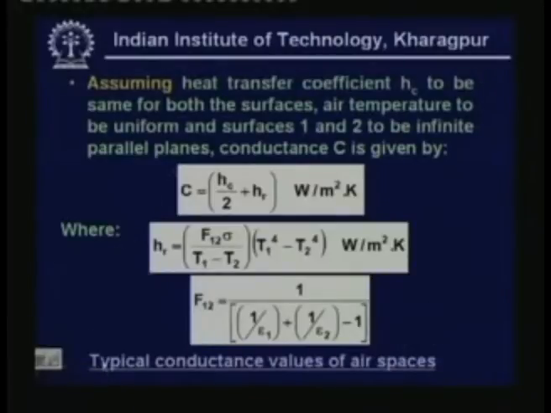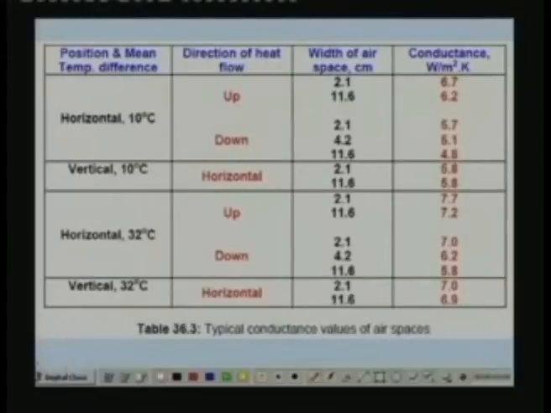Typical conductance values of air spaces are given in this table. Since you have convection as well as radiation, the orientation plays a major role, because inside the air space convection heat transfer is by natural convection. So the orientation and temperature difference become important.